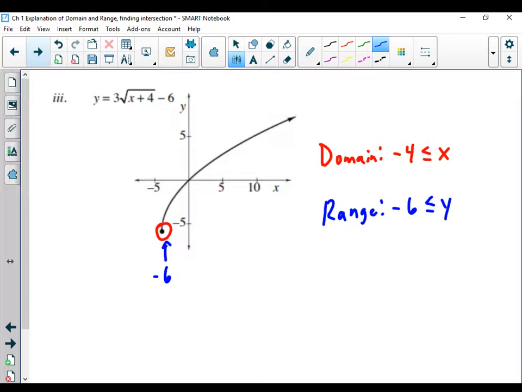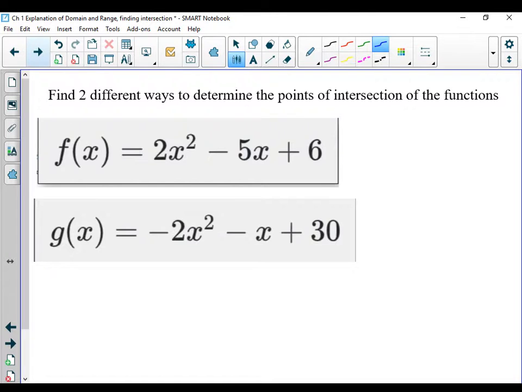All right, here's what I'd like you guys to try. I've got two different functions up here. I've got f of x is equal to 2x squared minus 5x plus 6. And I've got g of x that's equal to negative 2x squared minus x plus 30. Or if it makes it easier for you, think about both of these being y equals.